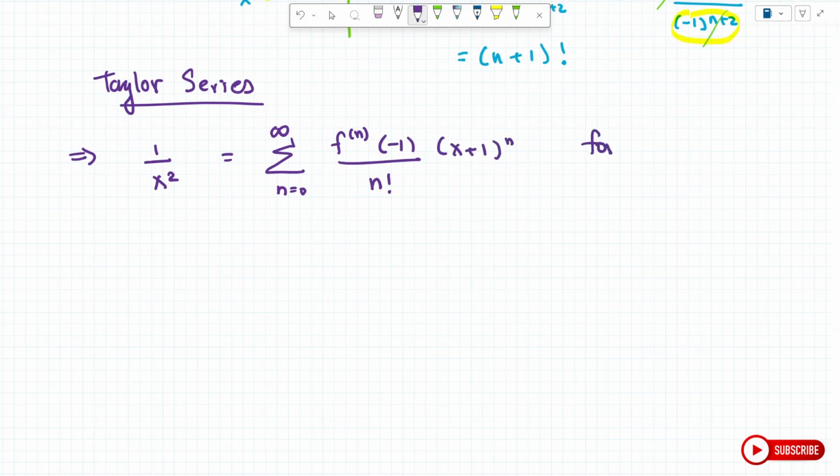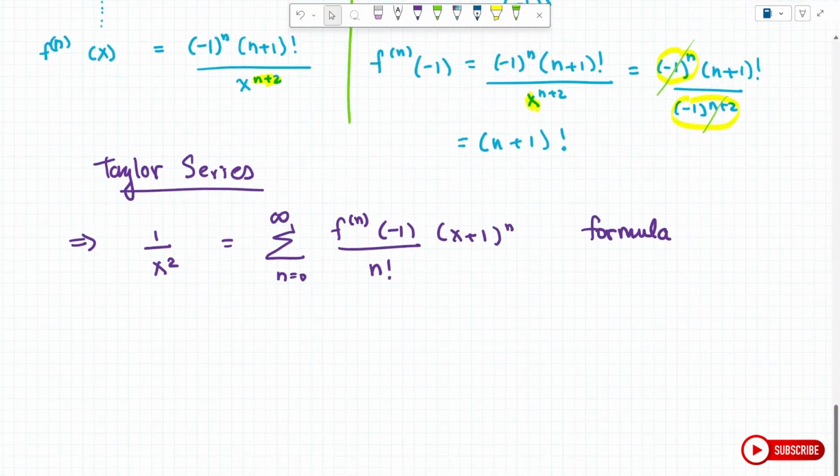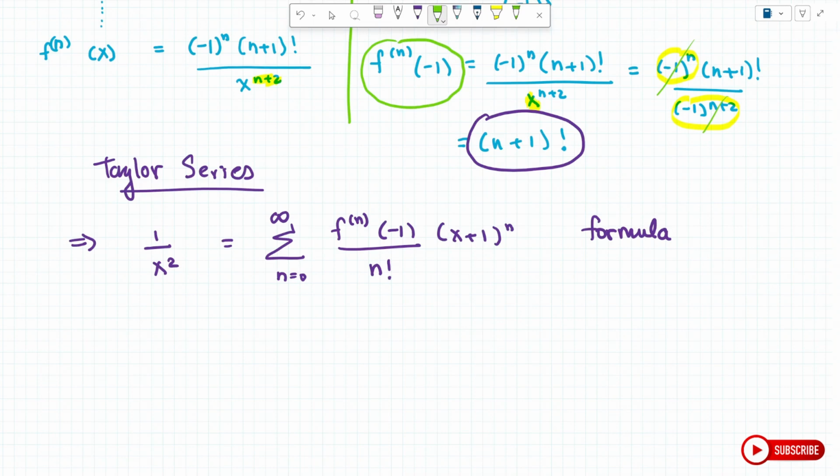So this is a formula, remember? So now we're going to plug in our findings right from here into our function. So let's see what that represents. So that represents our nth derivative evaluated at x equals -1. So that means that's going to take over this whole part right over here.